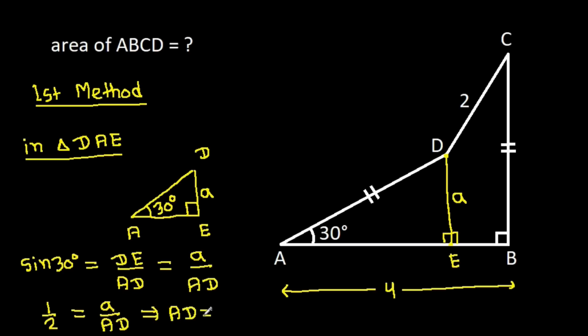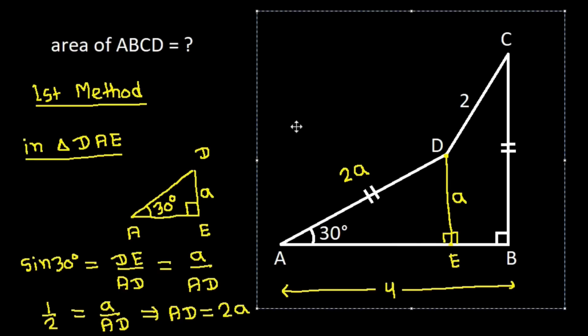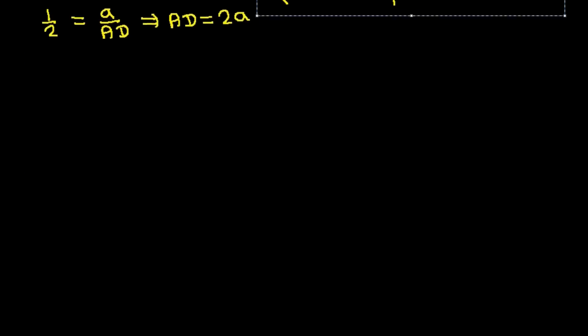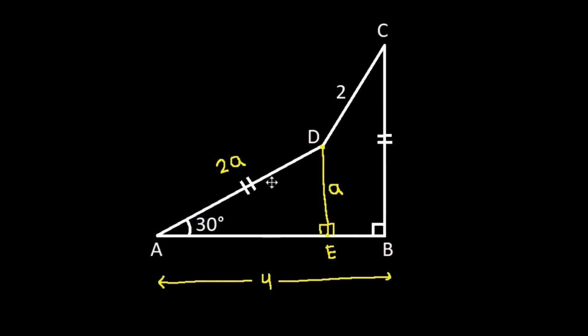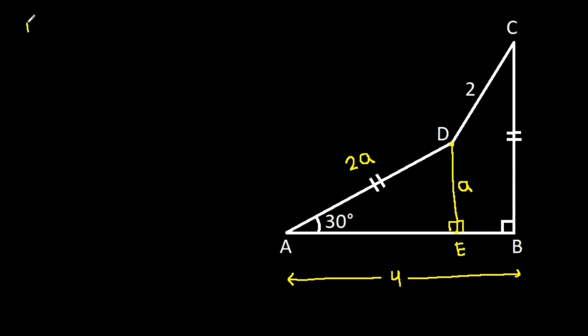So AD will be 2a. Now we have AD is equal to BC and AD is 2a, so BC will be 2a.